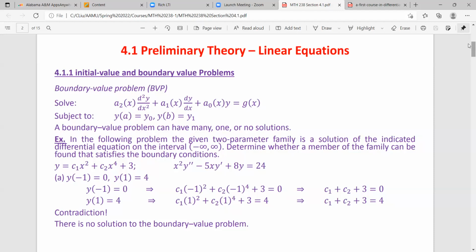The first case has the boundary value condition y of -1 equal to 0 and y of 1 equal to 4. So we want to know whether a solution to the boundary value problem exists or not.